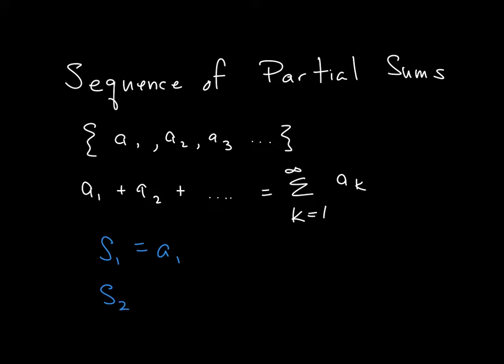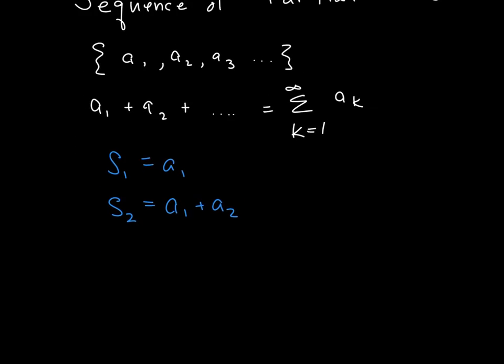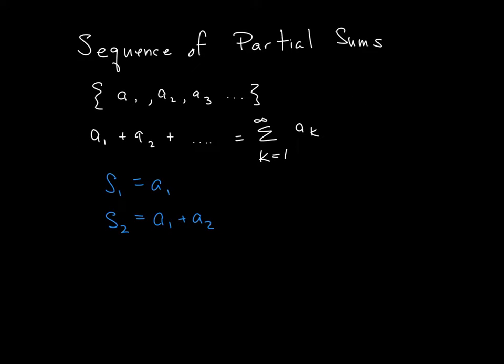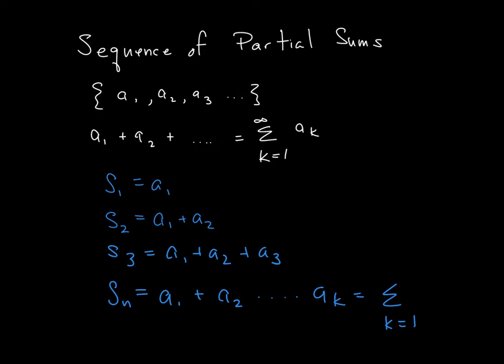The partial sum of 2 is going to equal a1 plus a2, and s of 3 would equal a1 plus a2 plus a3, and the sum of the whole infinite series, a1 plus a2 all the way up to a_k, is going to equal the sum from k equal to 1 up to n of a_k.